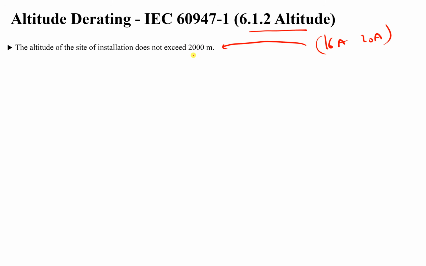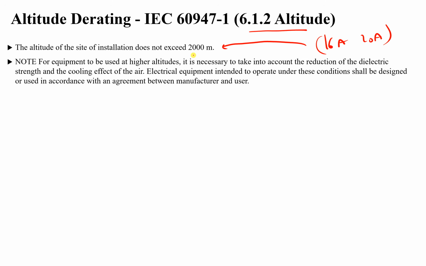However, if the altitude increases beyond 2000 meters, the air becomes less dense, which means we have less cooling effect of air. Not only this, but it also means that the air has lower dielectric strength, which means we can have an effect of arc flash. This part here, which you can see, is obtained exactly as it is written inside this part of IEC.